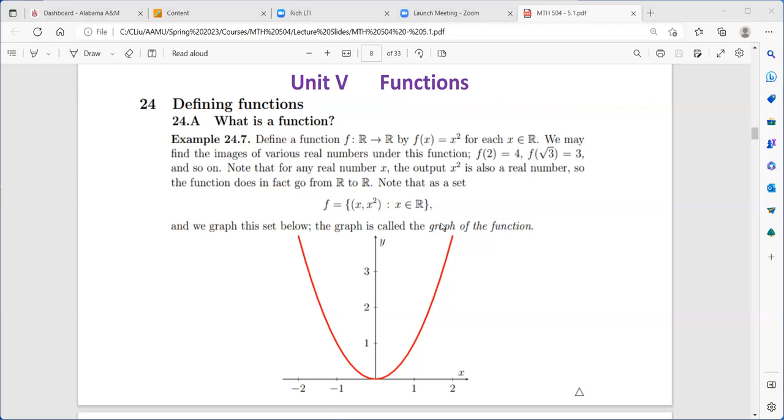That's called the graph of the function. Actually, we don't write this kind of set notation too often. We just write a formula in most cases. But remember, originally the function f is defined as the set of all the pairs.